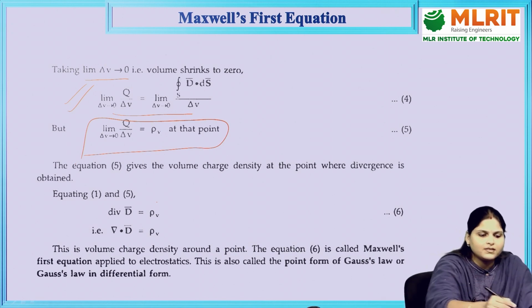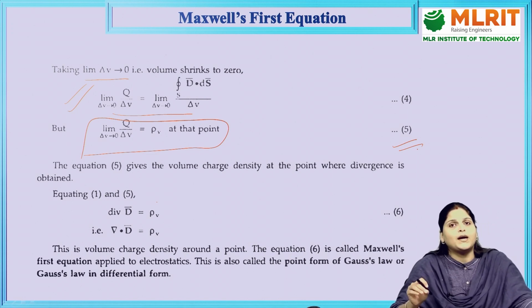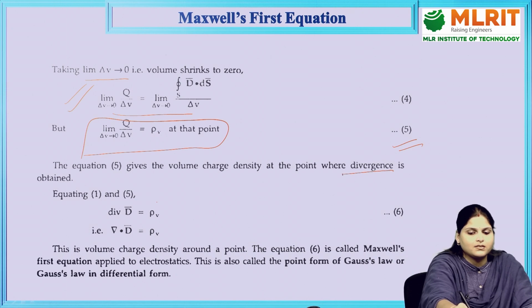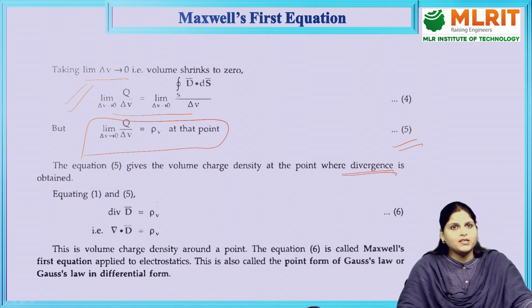If you notice, this equation 5 gives the volume charge density at the point where divergence is obtained. This is a very important point.